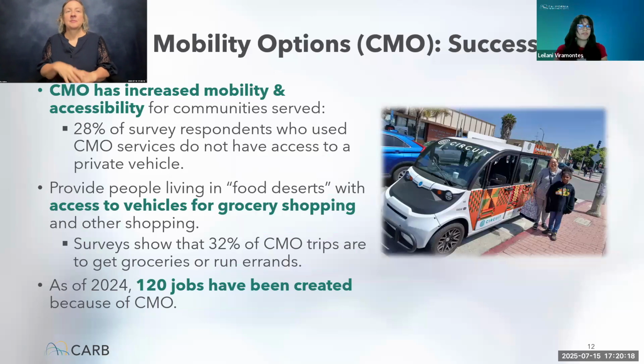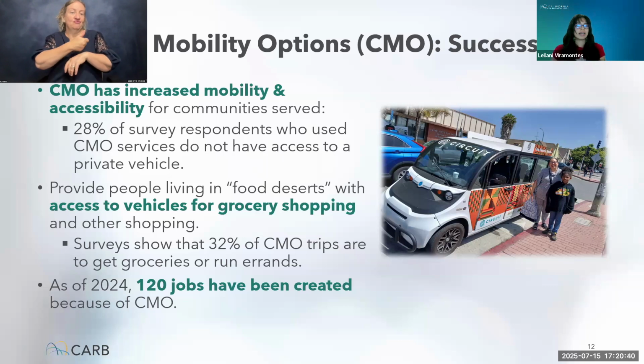This slide shows strong evidence that CMO projects are truly increasing mobility and accessibility in the communities they serve. For example, in the first 17 months, Reading Bike Share served over 2,600 unique users, with each user taking an average of 5.57 trips, showing strong uptake and repeated use.